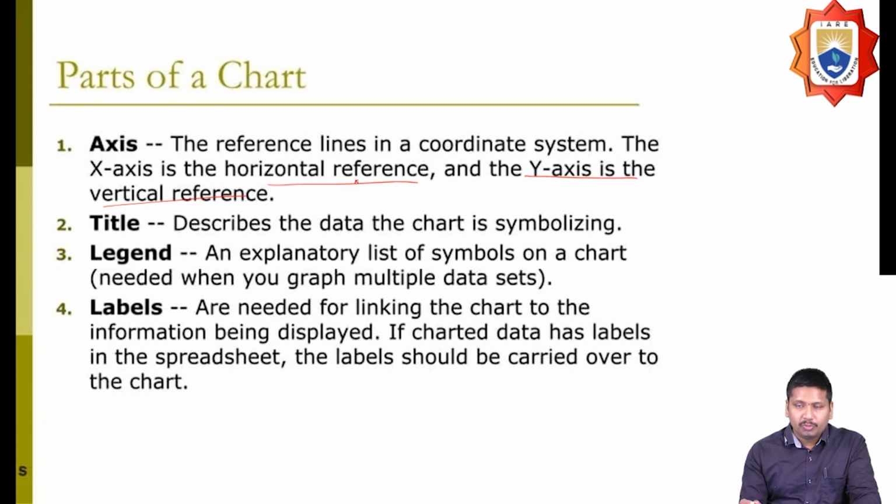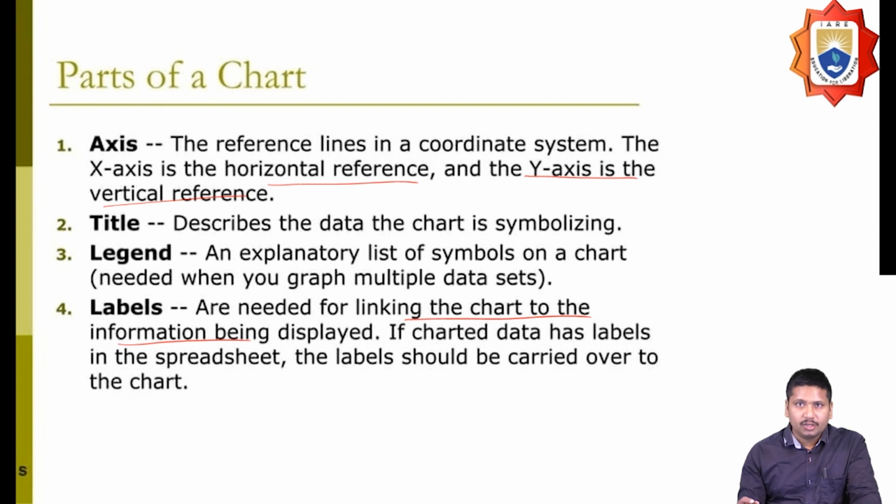The title describes the data, what the chart is symbolizing. The legend is an explanatory list of symbols on the chart, needed where your graph has multiple data sets. Labels are needed for linking the chart to the information that is displayed.